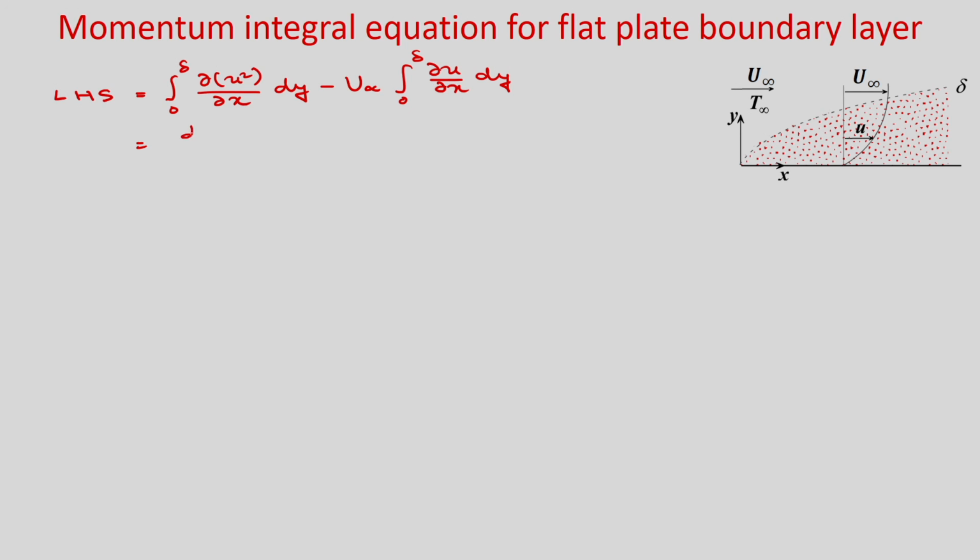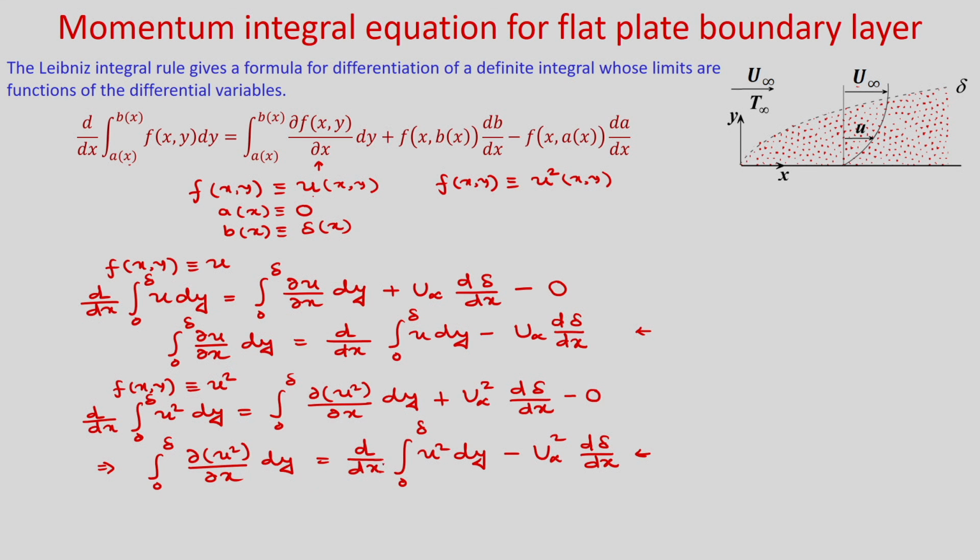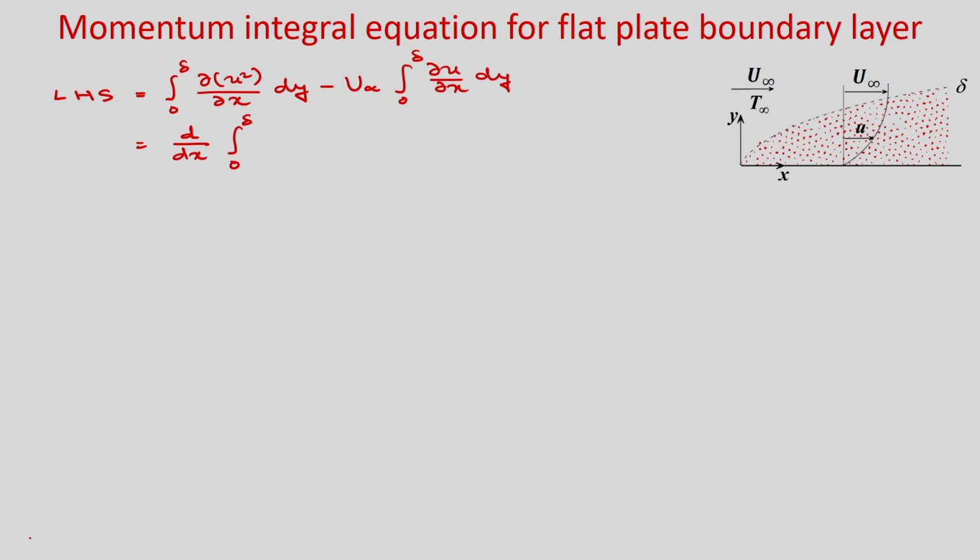So, this we have written as d/dx ∫₀^δ u² dy − u∞² dδ/dx, right. And now ∫₀^δ ∂u/∂x dy, so that we will put the value.